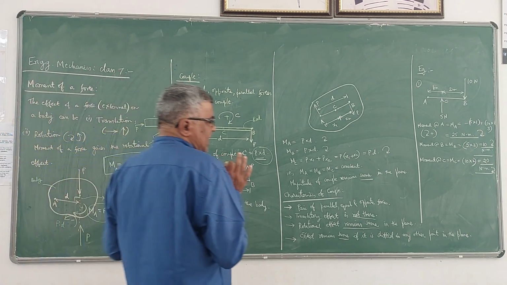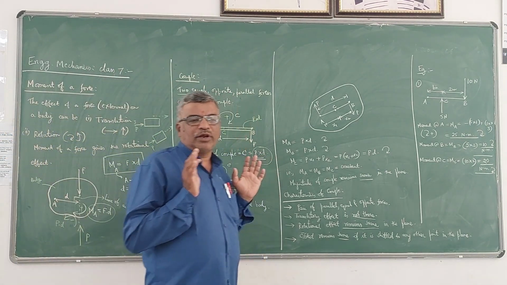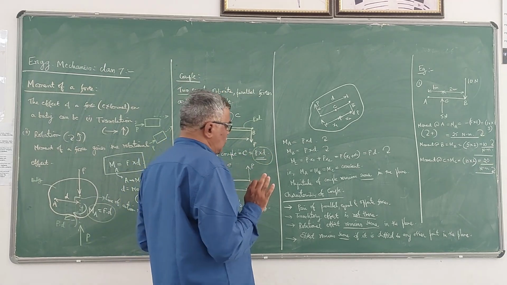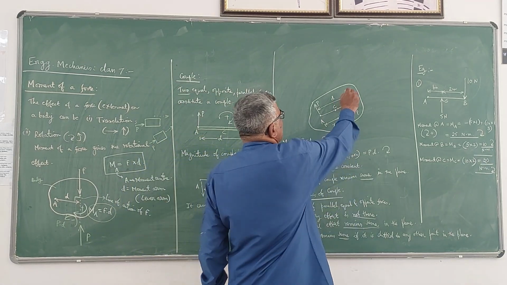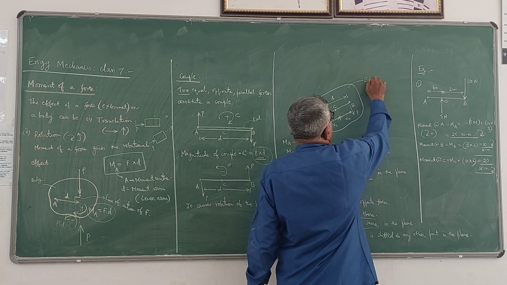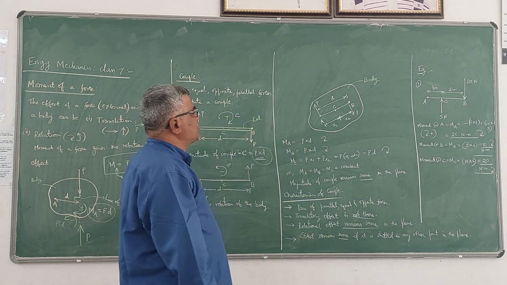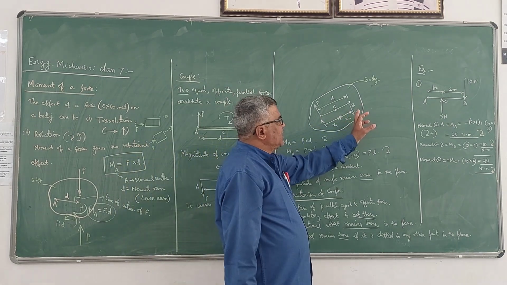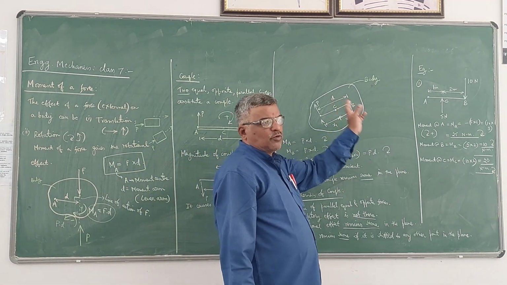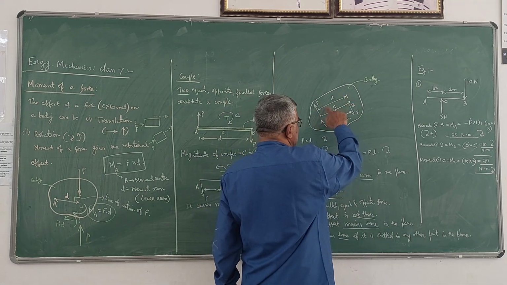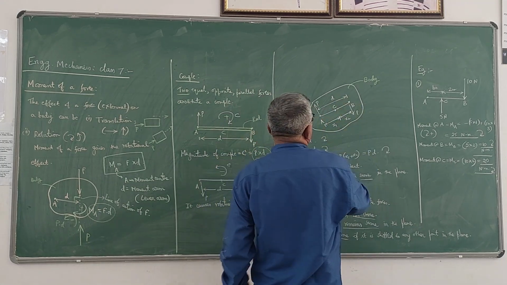Now, what are the characteristics of a couple? It's an important question. To understand the characteristics, I will take a body here. On this body, two forces are acting at points A and B, equal, opposite, parallel forces P and P separated by a distance D, same as before.